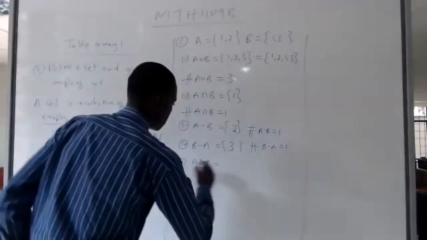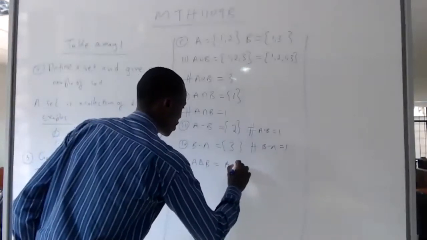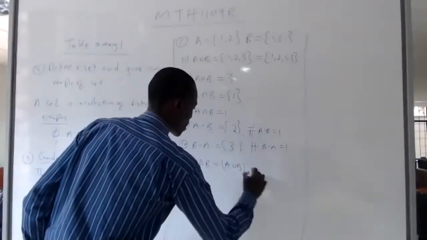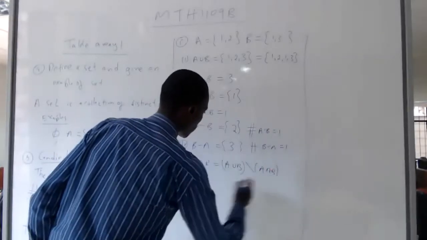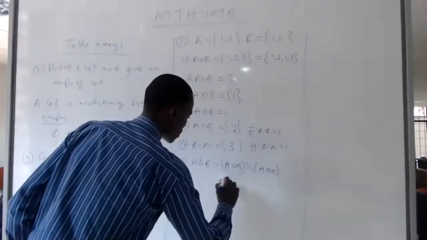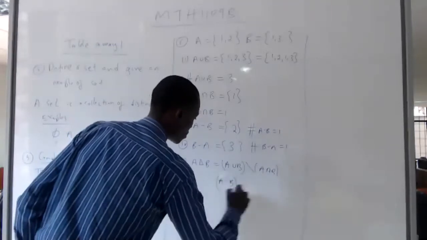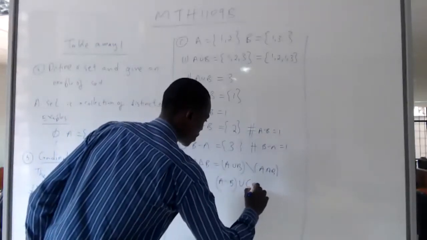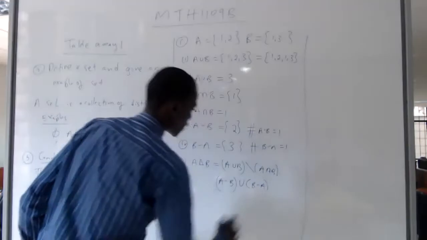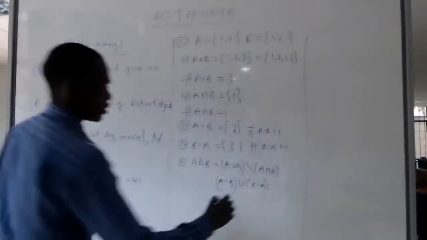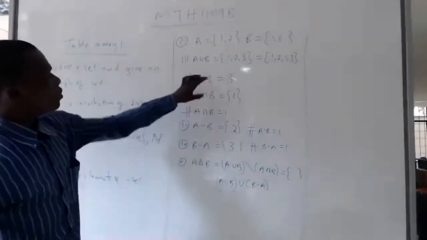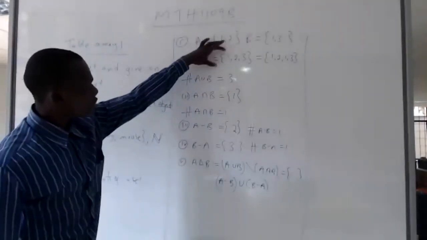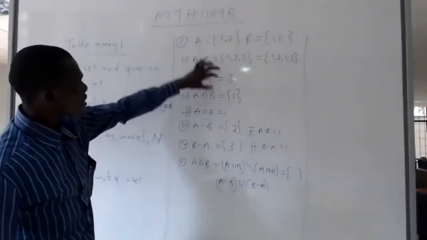We define the symmetric difference as the elements which belong to the union but are not in the intersection. Or you can define this as the elements which belong to A minus B put together with the elements which belong to B minus A. Using the first definition, we have A union B as 1, 2, 3, and A intersect B as 1.